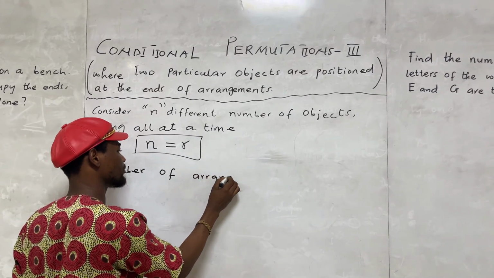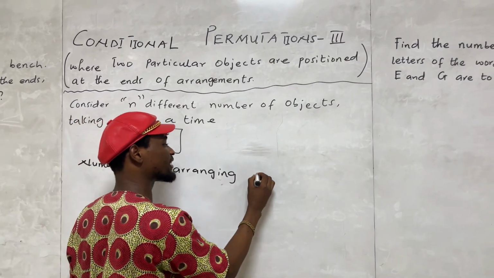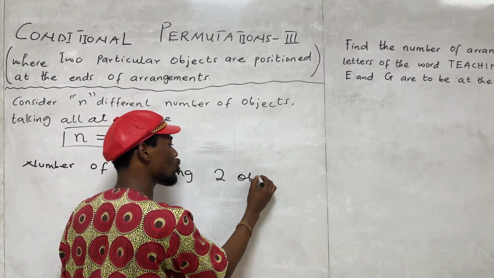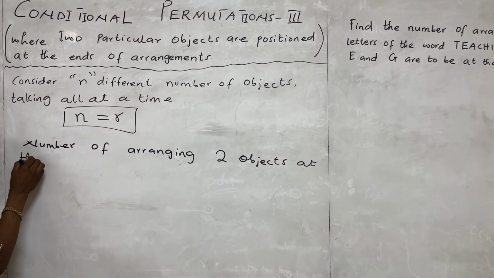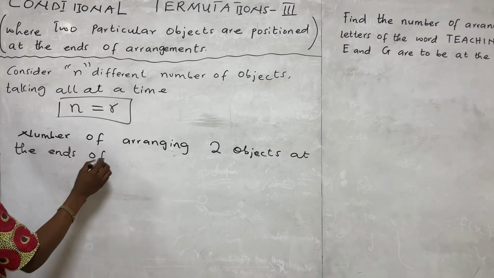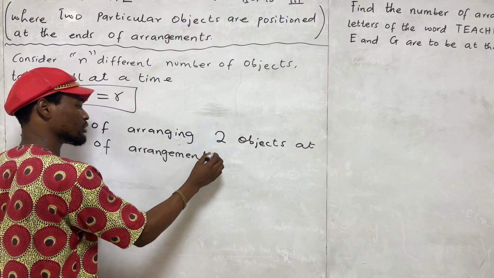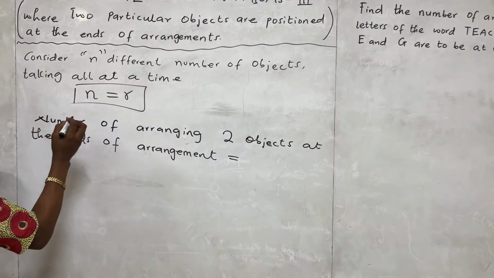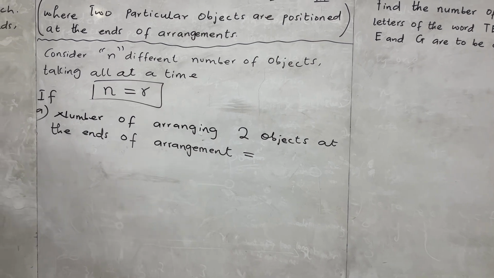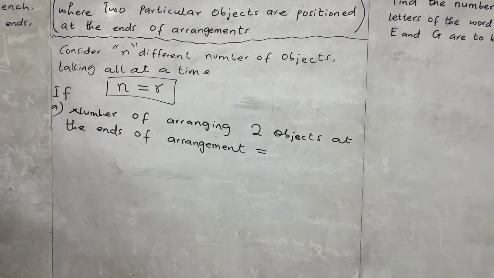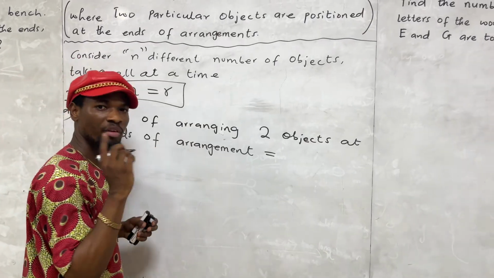If the number of arranging, let's say, two objects at the ends of the arrangement is given by, viewers, what do we have here?